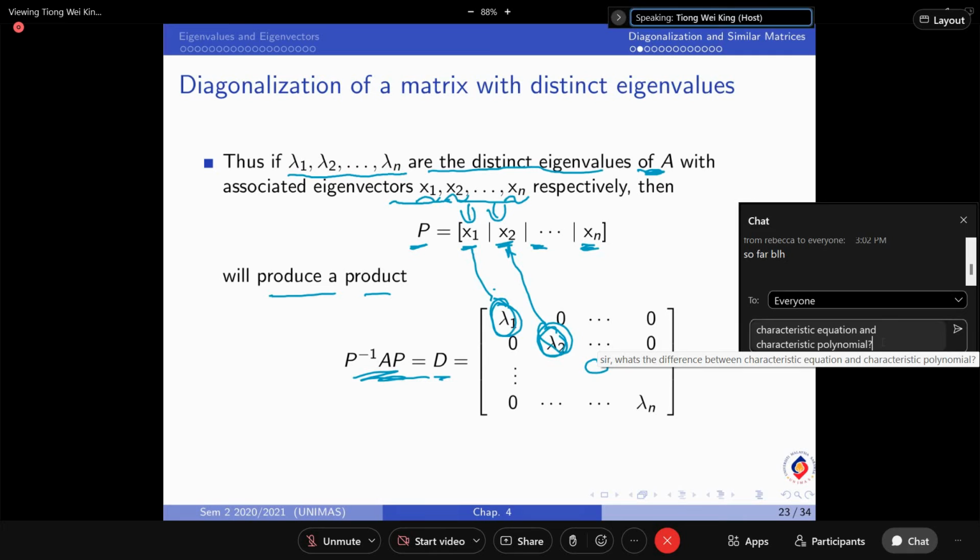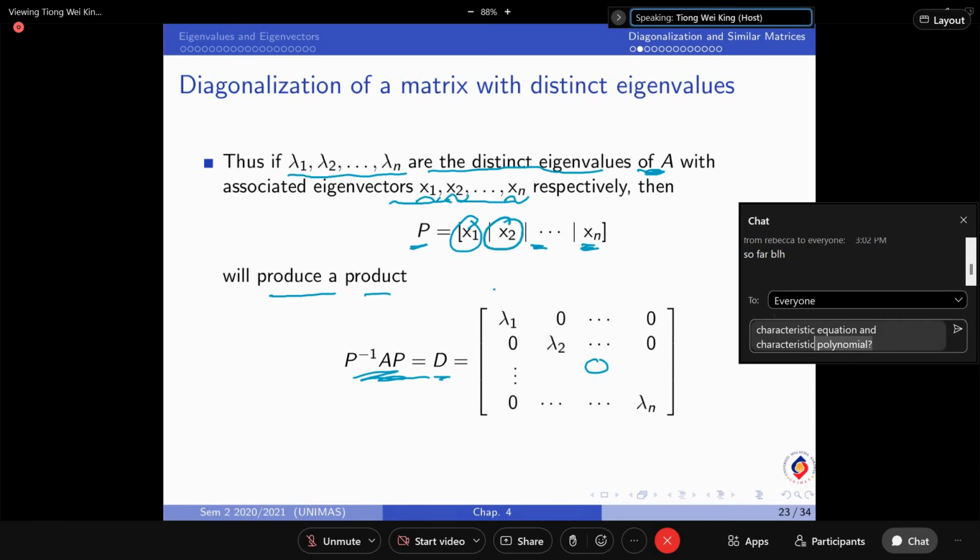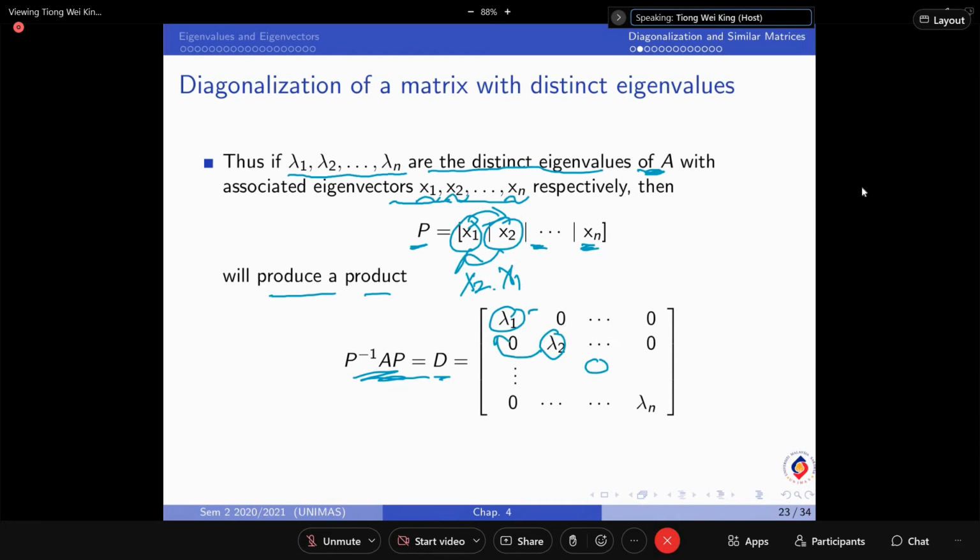If you swap the order of x1 and x2, let's say you put x2, x1, and so on, then the lambdas here also need to swap. The position is according to the eigenvector.